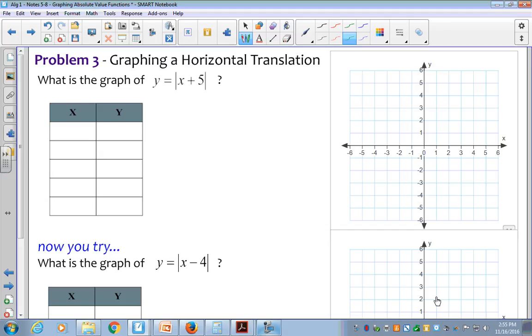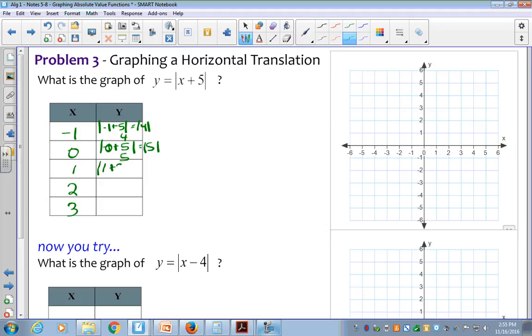when I plug in -1, 0, 1, 2, and 3. So I'm going to plug in -1. -1 plus 5 is 4. Absolute value of 4 is 4. I'm going to plug in 0. 0 plus 5 is 5, and the absolute value of 5 is 5.